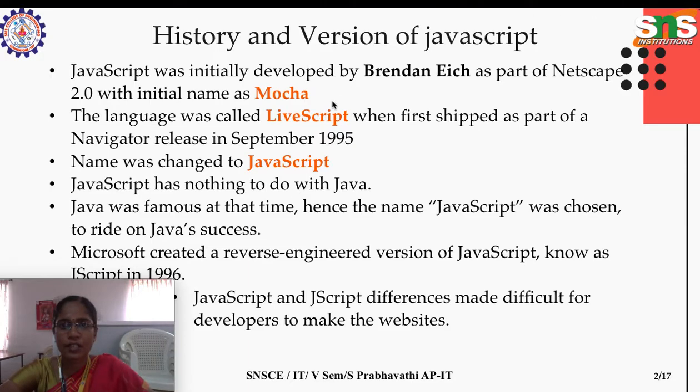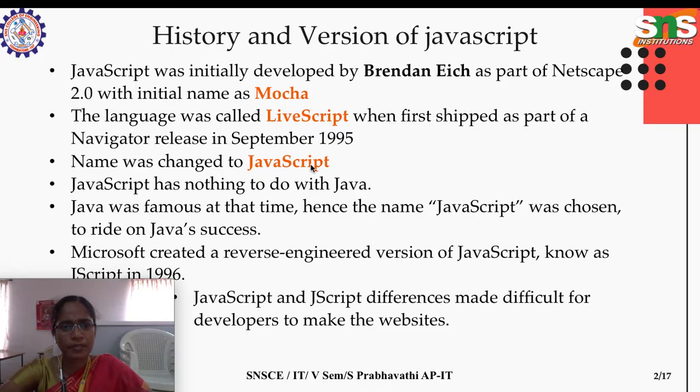JavaScript was initially developed by a developer called Brendan Eich, who was part of the Netscape Navigator browser development, okay, and it was initially named Mocha, and later while shipping the Netscape Navigator browser in September 1995, it was shipped with the name LiveScript, and later it was changed to the name JavaScript, okay. So it underwent many name changes, and finally till today we are naming it JavaScript, okay.